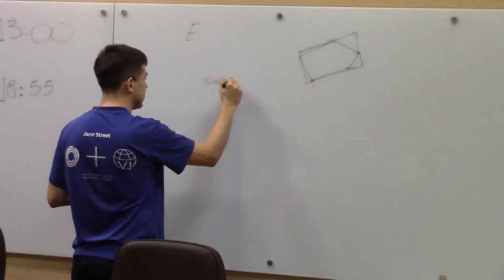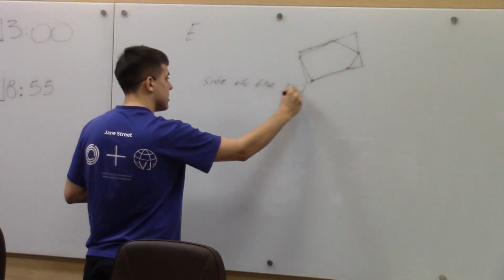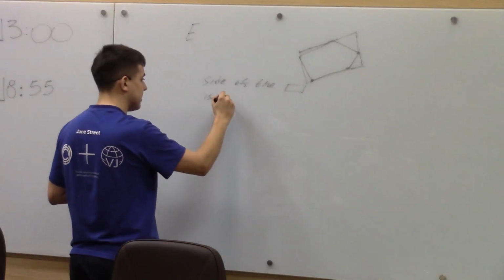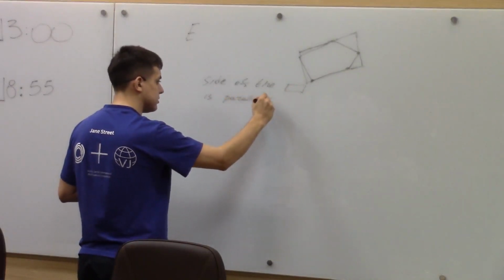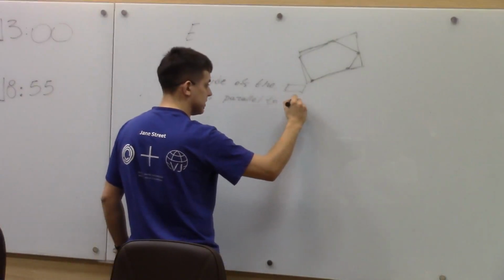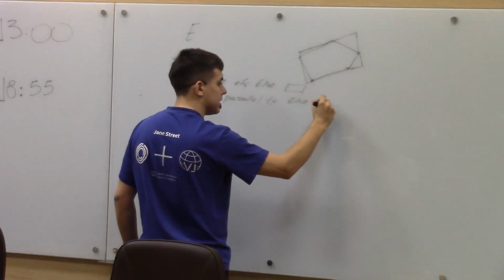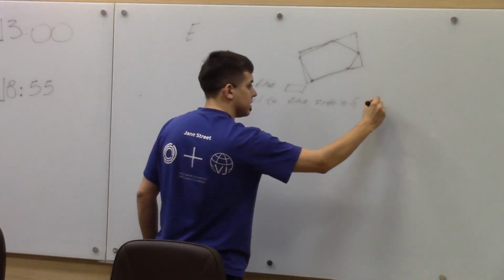Some side of the rectangle is parallel to a side of the convex hull.